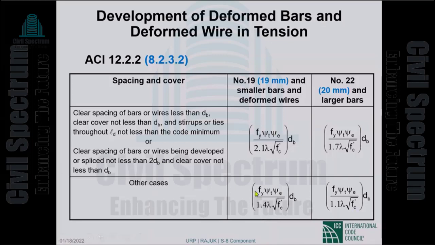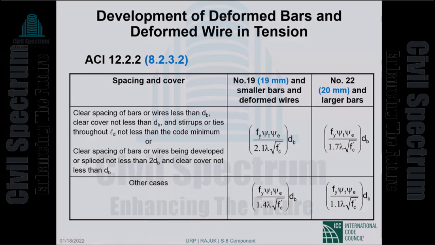The 2.1 changes to 1.4, 1.7 changes to 1.1. This column is for number 19 and smaller bars and deformed wire. This is number 22 and larger bars. All deformed wires, irrespective of size, are in the first column.